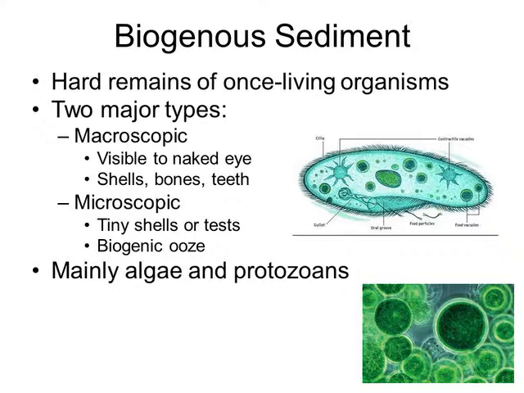Whereas microscopic are like those shells that I showed you in the last slide. They create oozes, and typically it's the shells or tests of the plankton or microscopic organism that is creating this type of biogenic sediment.